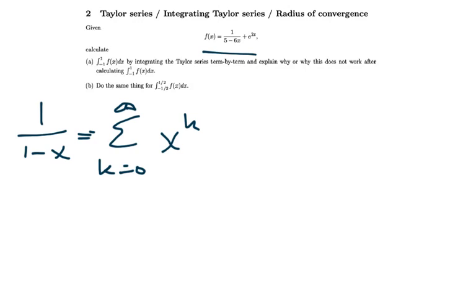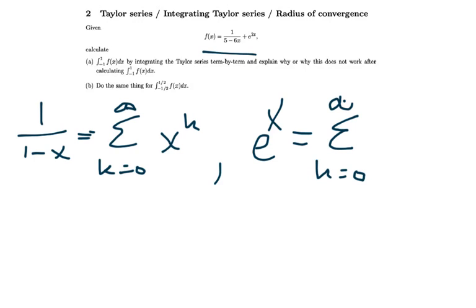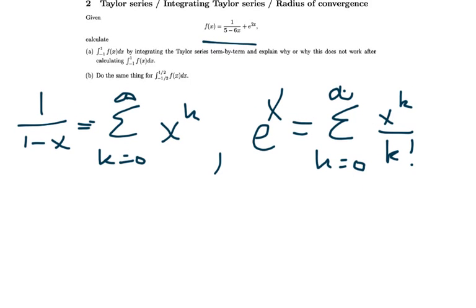And then we also know that the function e to the x is the sum from k equals 0 to infinity of x to the k over k factorial. So we're going to use these two functions to find the function that we actually want to find. So first, let's just look at each part at a time.